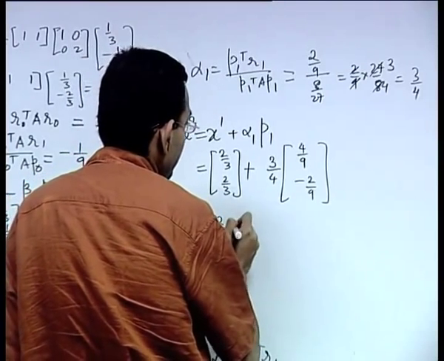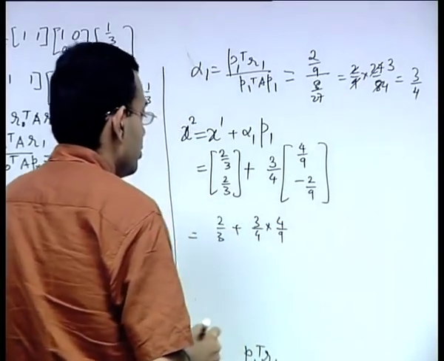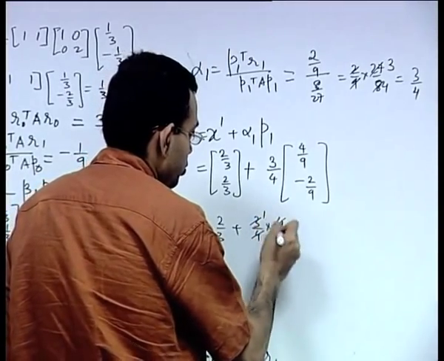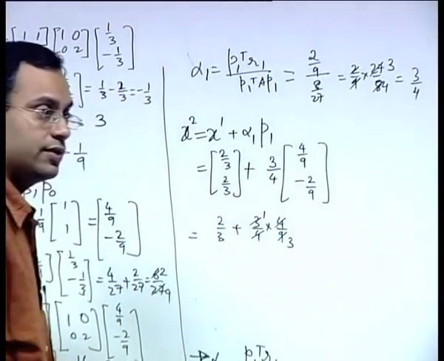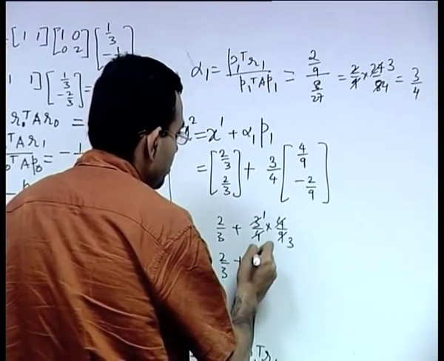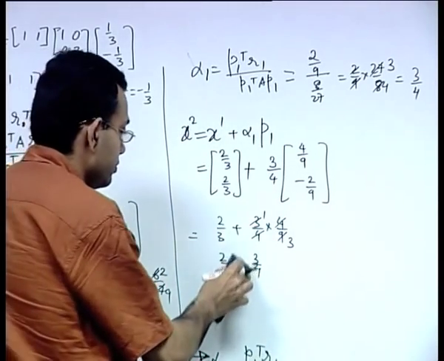So that is 2/3 plus 3 by 4 into 4 by 9. That is the first point. So 2/3 plus 1/3, that is 1, and the other point is 2/3 plus 3 by 4 into minus 2 by 9.